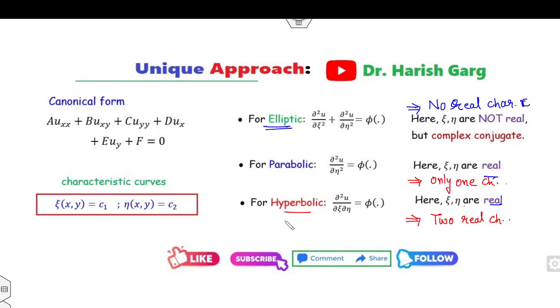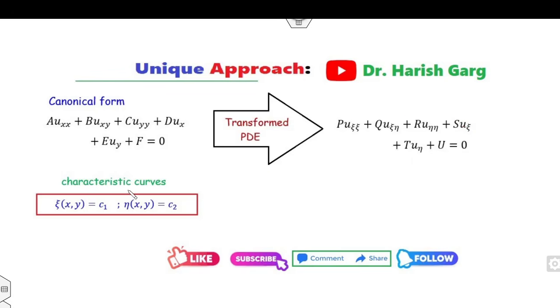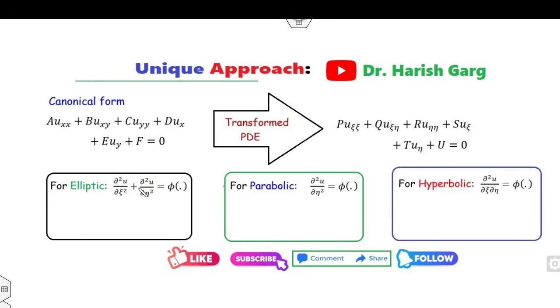Fine. Another thing, once you define the characteristics curve, I can transform this partial differential equation into another form with respect to the characteristics curves xi and eta. Based on this, I can classify again. For example, I can write this equation as u plus u times eta, where eta is a function of something.